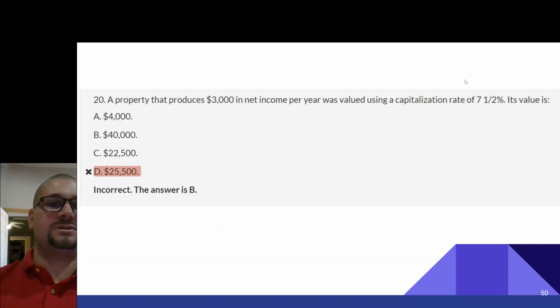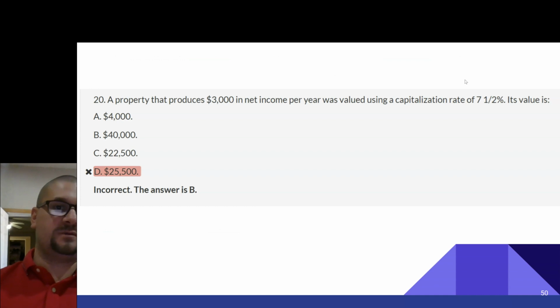So for a property that produces $3,000 net income per year, right away, if you're going to know value, it's just the net income divided by the cap rate. The cap rate, they give it to you straight up, 7.5%. So they give you two out of the three variables, right? So the value is going to be $3,000 divided by 7.5%, which will give you $40,000.